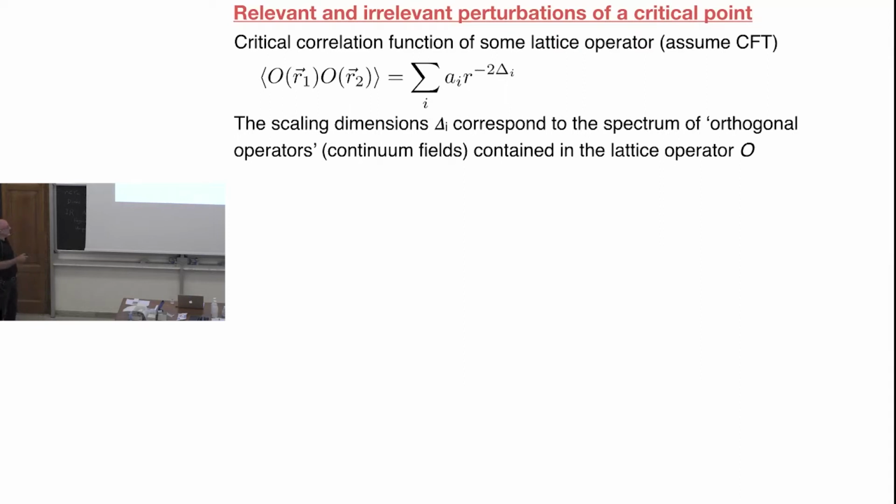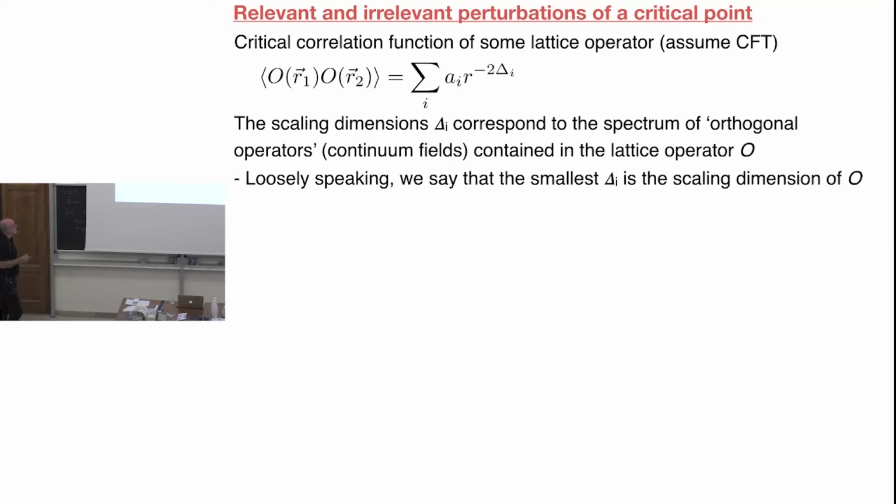And the lattice operator that we look at hopefully will contain the operator you are interested in. So loosely speaking, the smallest of these deltas, which will correspond to the slowest decaying power law in this field, we just think of that as the scaling dimension of the operator. But of course, in principle, it can contain many of them.